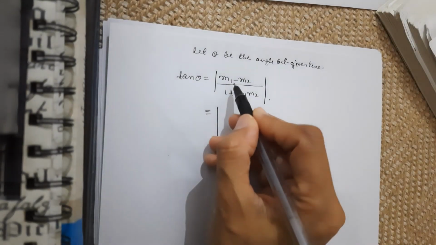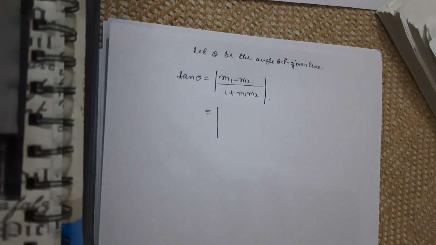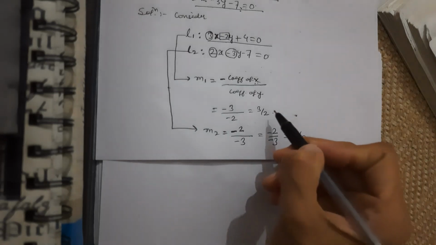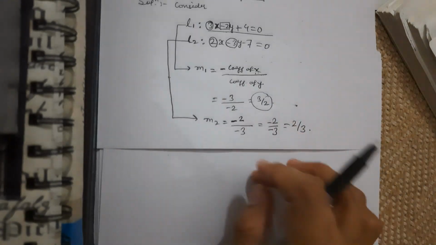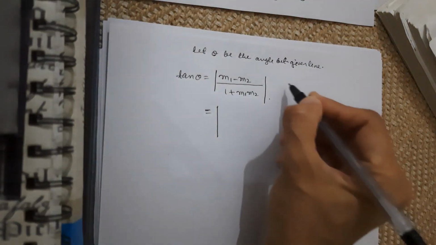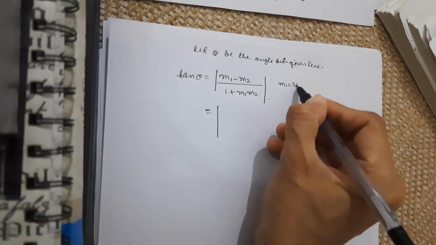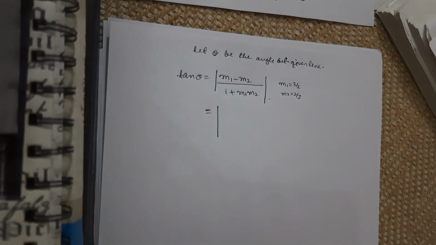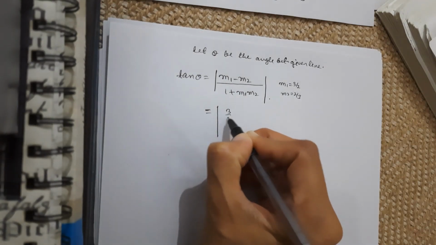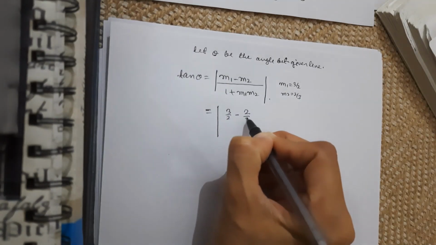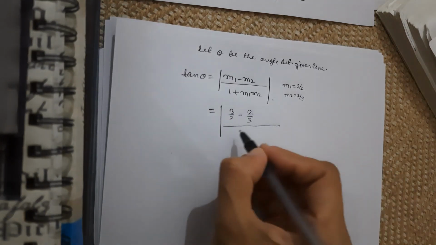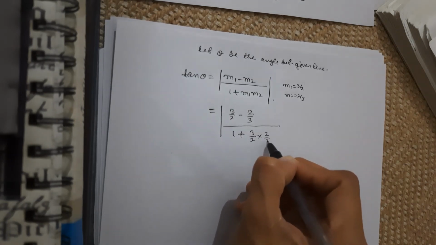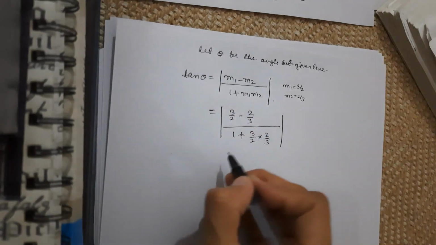My m1 was 3 by 2, and m2 I have calculated as 2 by 3. So just substitute the values: 3 by 2 minus 2 by 3 divided by 1 plus 3 by 2 into 2 by 3.